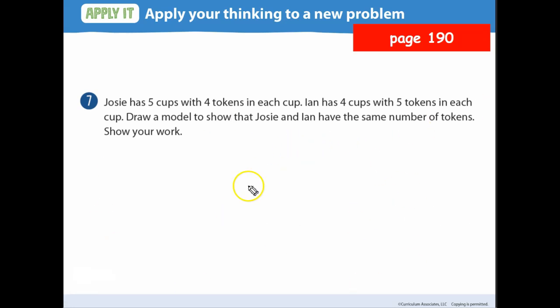All right, so if you have Josie and you want 5 cups with 4 tokens each, look, it's 1, 2, 3, 4, 5 with 4 in each one, right? That's what it should look like, something like that. If I have Ian with 4 cups, with 5 tokens each, I have 4 rows with 5.